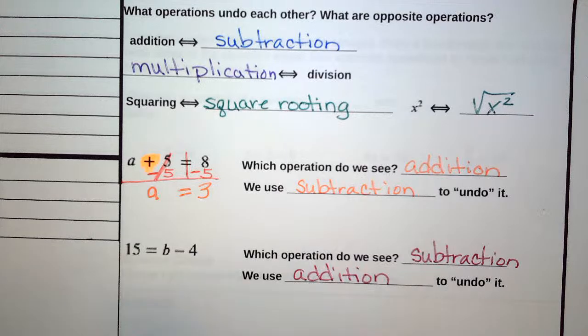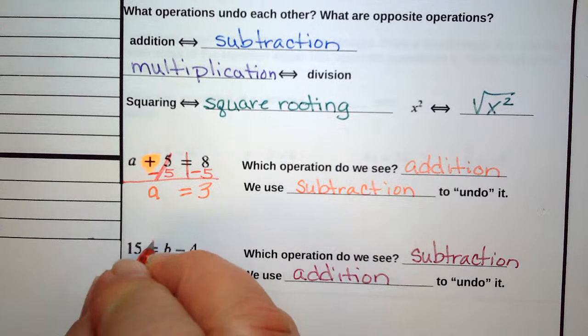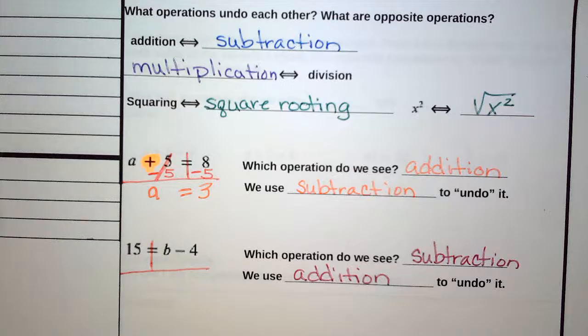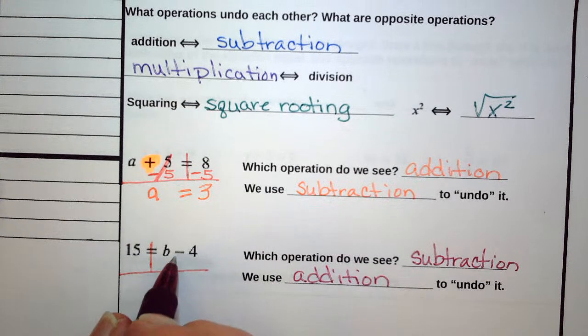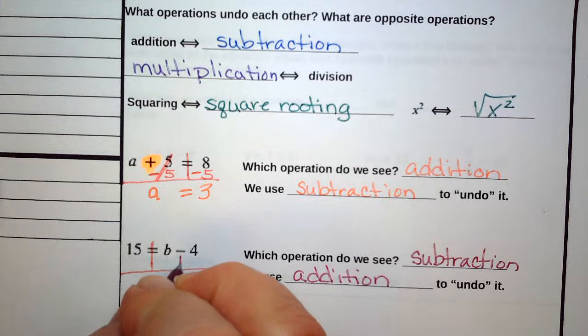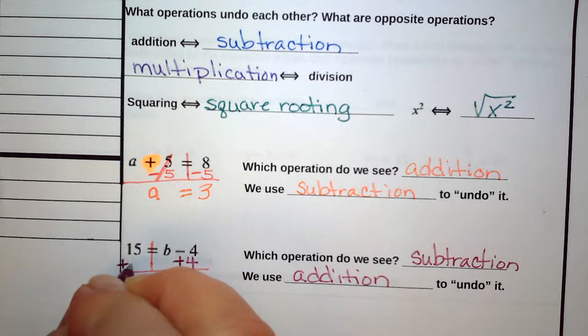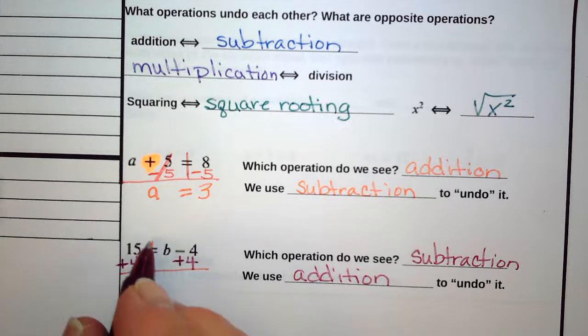Step 1, draw the line through the equal sign. Step 2, draw a line underneath with enough room to write. I've got b minus 4, so I want to add 4 to both sides. This tells me I've got to do a mirror image on both sides of what you just see.